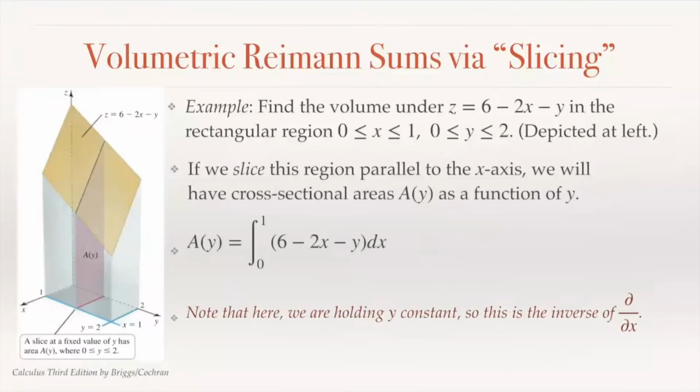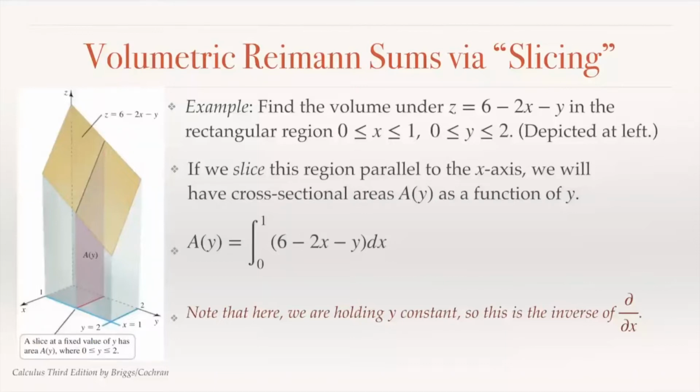Let's find the volume underneath this plane, z equals 6 minus 2x minus y, over the region in quadrant 1, bounded by x equals 1 and y equals 2. We can first find the area A of y at a given y underneath the plane. And what would that be?